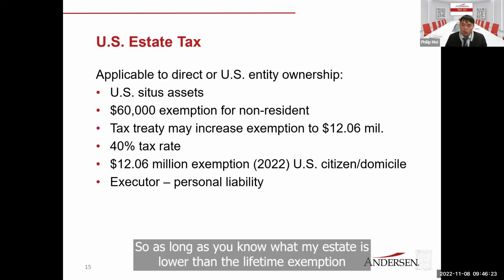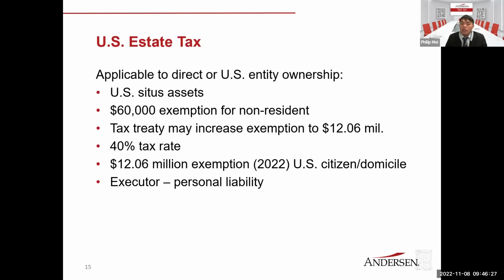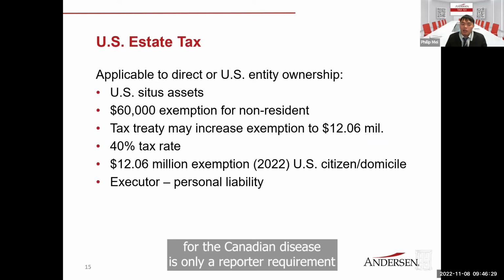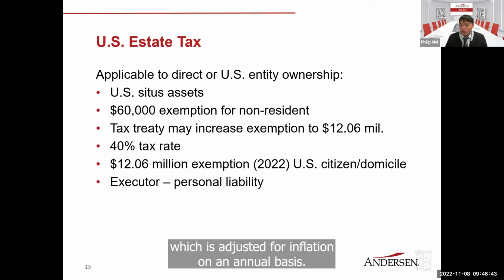So as long as your worldwide estate is lower than the lifetime exemption, for the Canadian deceased it is only a reporting requirement. There would not be any estate tax in the US. Currently, the exemption is $12.02 million, which is adjusted for inflation on an annual basis.